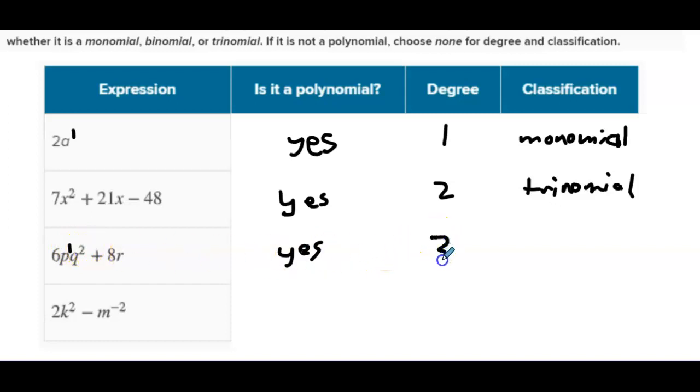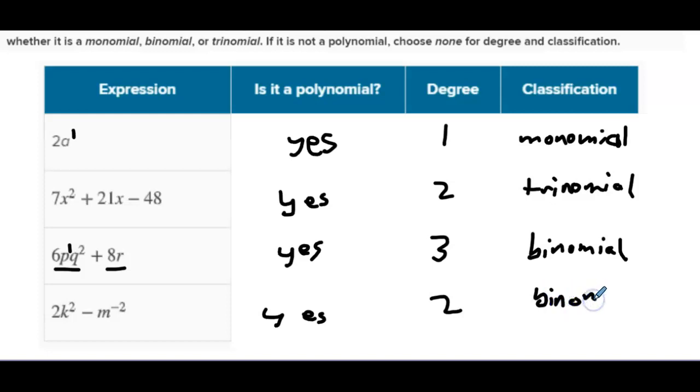This would be a third degree, but there are only 2 terms, so that's what we call a binomial. Okay, so that'd be a 3rd degree binomial. All right. And here we would say yes as well, and then this would be a 2 degree binomial. Second degree, this is our biggest one right there.